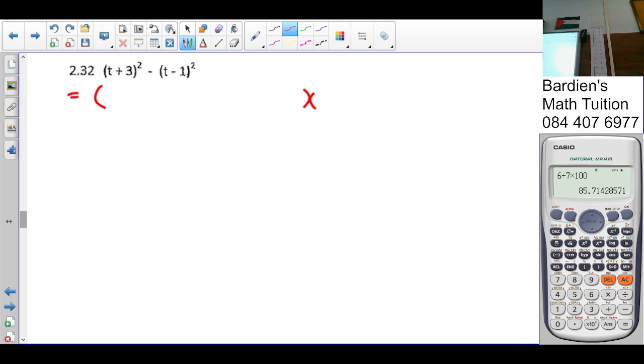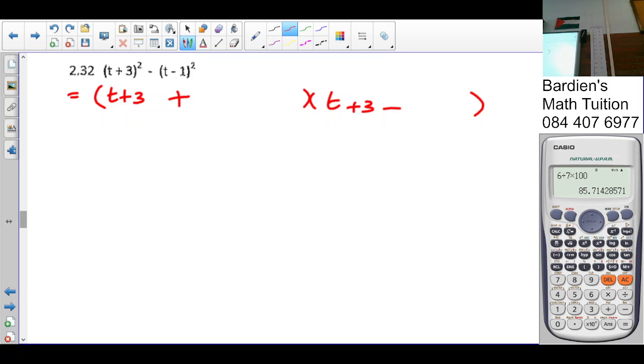What's the square root of t plus 3 all squared? So here goes. t plus 3, t plus 3. Then what? 1 plus 1 minus.